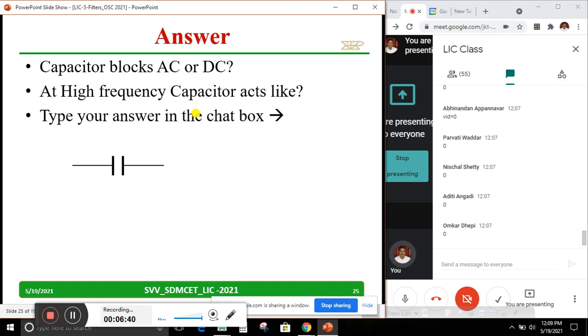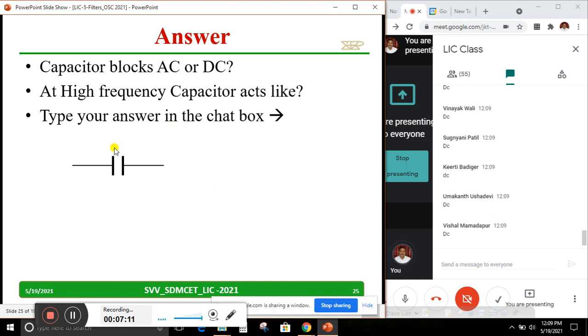Does a capacitor block AC or DC? You can type the answer. Thank you, Abhinandan, Shreya, Pavan, Anusha, Ulvesh. Very good. It blocks DC. And at higher frequency, capacitor acts like what?